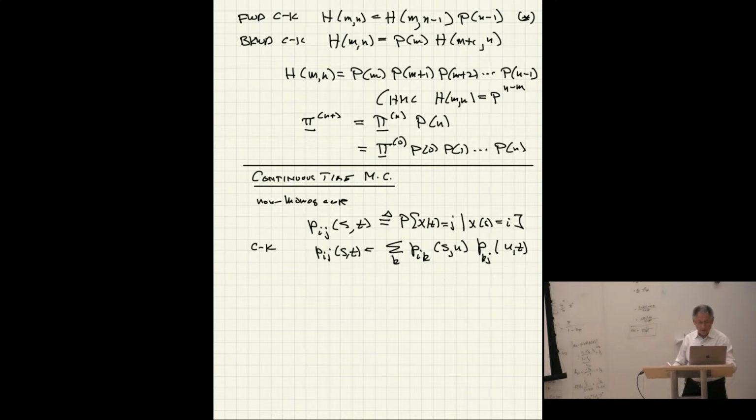Matrix form of that equation is obvious, is H of s and t, which is defined as the probability. Well, it's just a set of values there. It's a matrix consisting of the Pij of s and t.